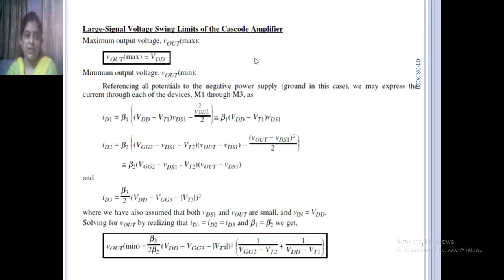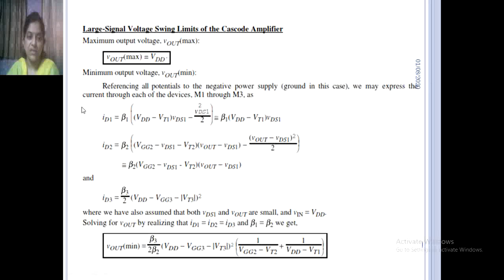Then let us analyze the large signal voltage swing limits of the cascade amplifier. The maximum output voltage Vout is the VDD, and for the minimum output voltage we refer all potentials to the negative power supply, that is ground in this case.